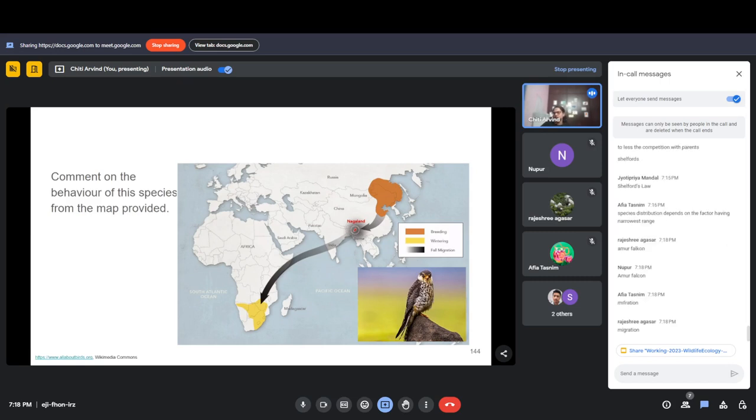Migration. Okay, so what's really happening in this migration? Why? What is it migrating for? The map shows it.